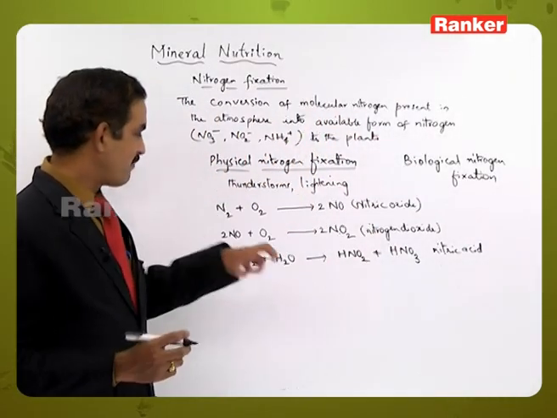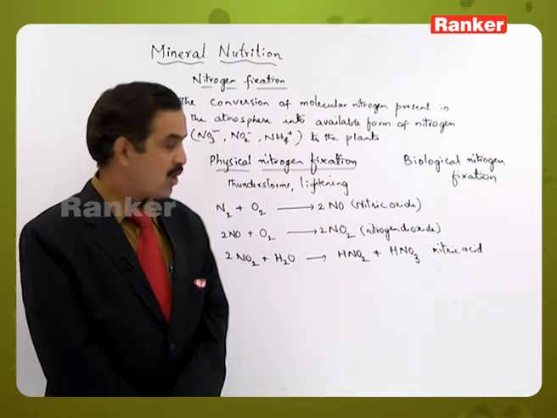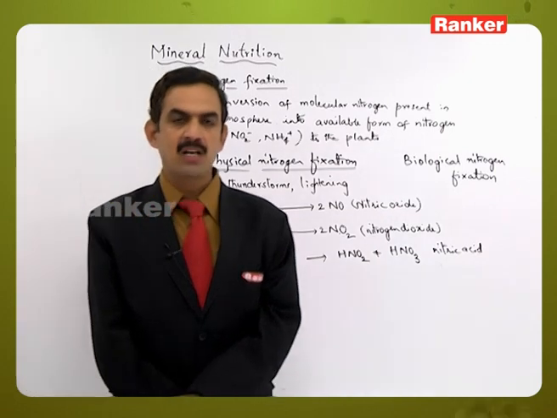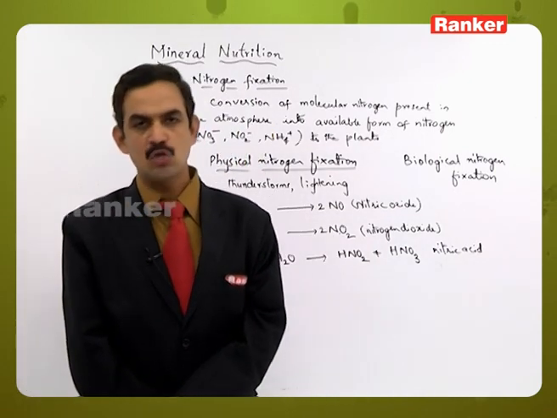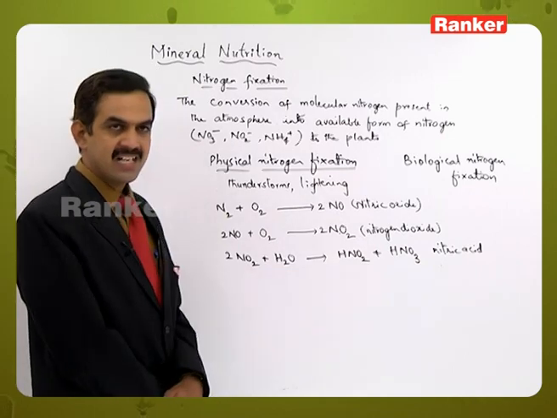This will come to the soil in the form of liquid, and it will react with the various types of radicals which are present in the soil and be converted into that particular nitrate molecule.